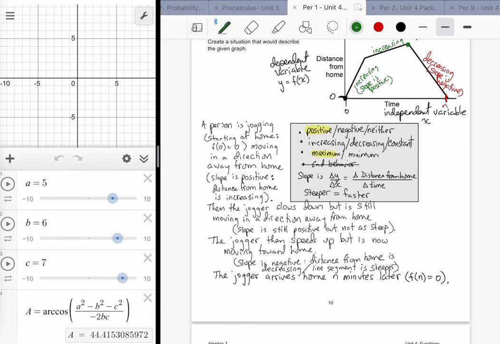There is a relative maximum at the moment the jogger turns around to go home.